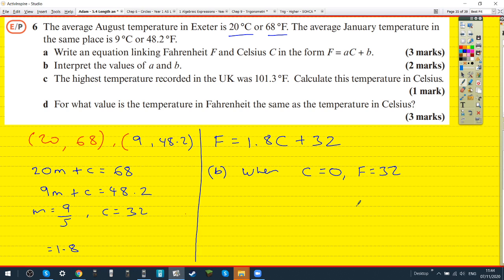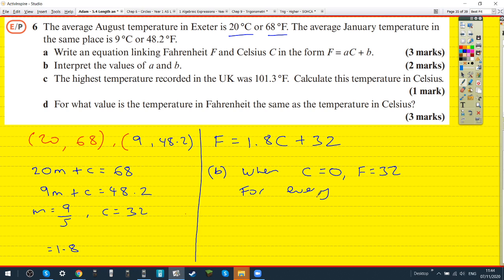What about the 1.8? Is it just C increases by 1 and it increases by 1.8?